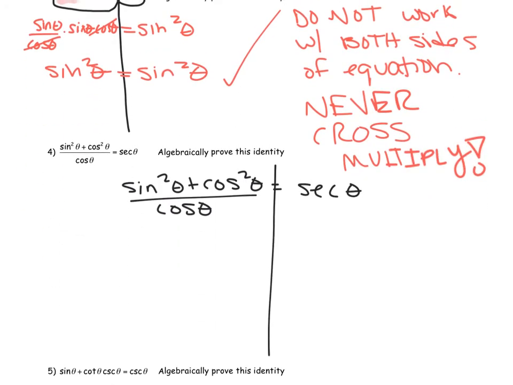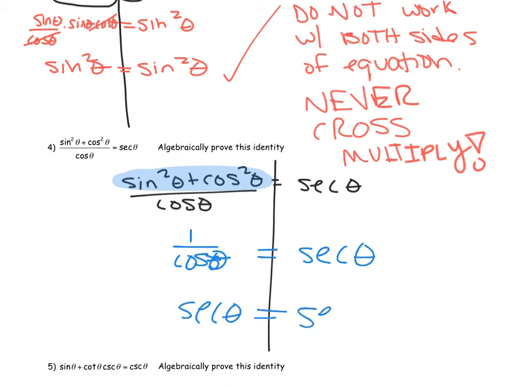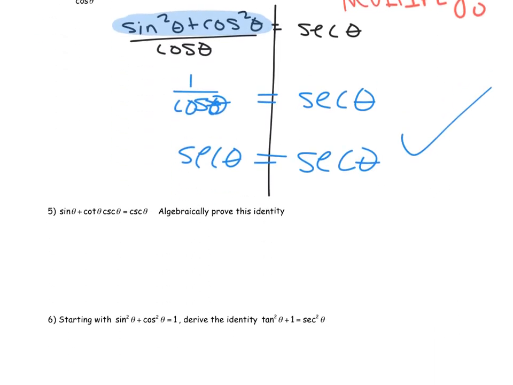So can't I just replace this with a 1? Yeah, why not? We just proved it. So I'm looking at 1 over cosine theta, which is equal to secant of theta. And 1 over cosine of theta is just secant of theta. So we're done. We just proved that trigonometric identity. Whoop. We are doing fantastic.